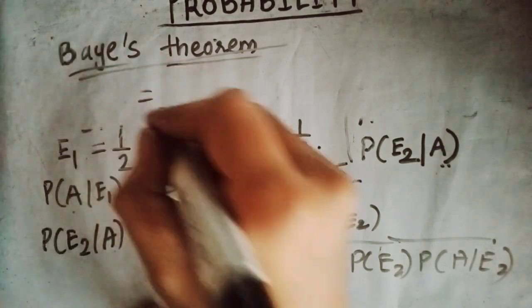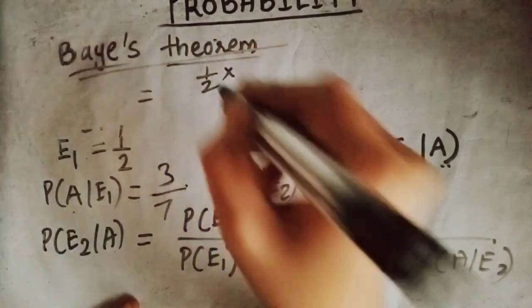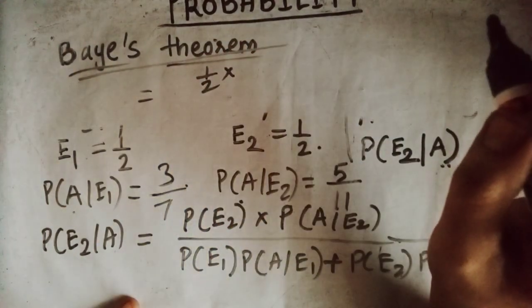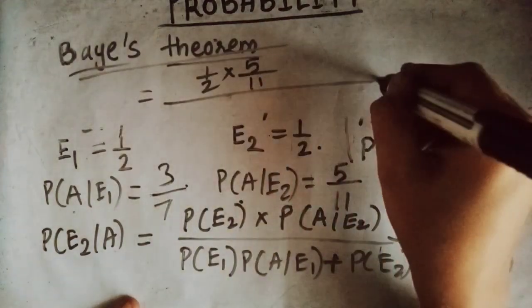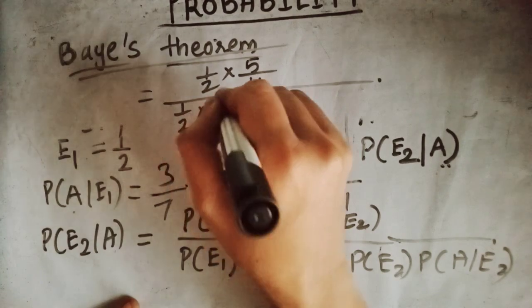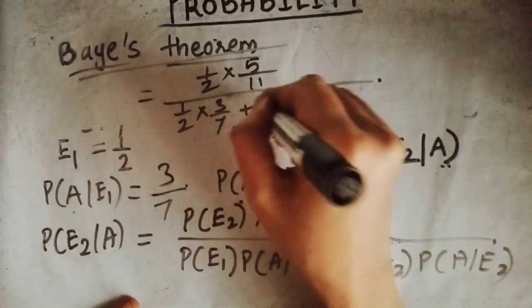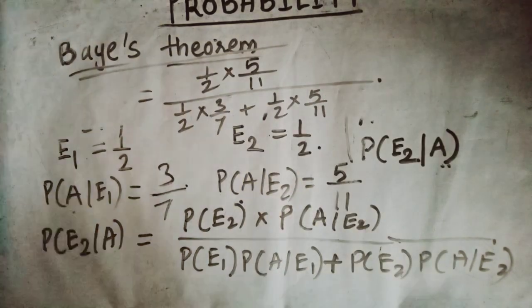So that will be P of E2 is half into A over E2 is 5 by 11, upon E1 is again half, 3 by 7, plus half into 5 by 11.